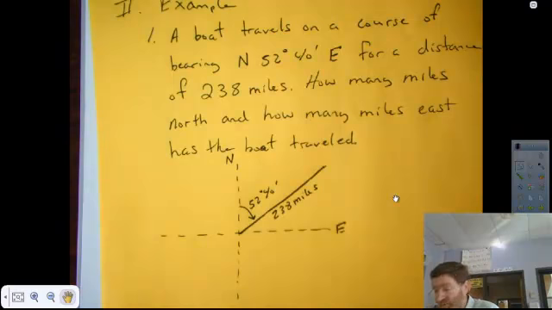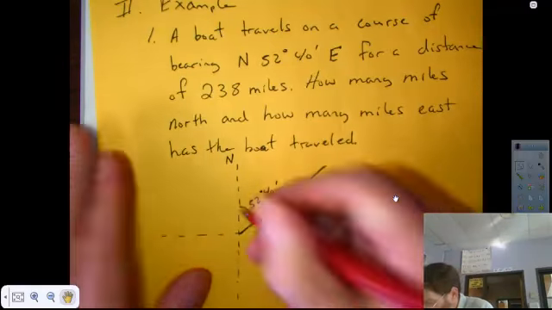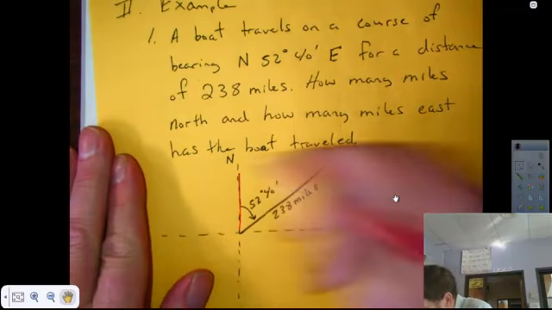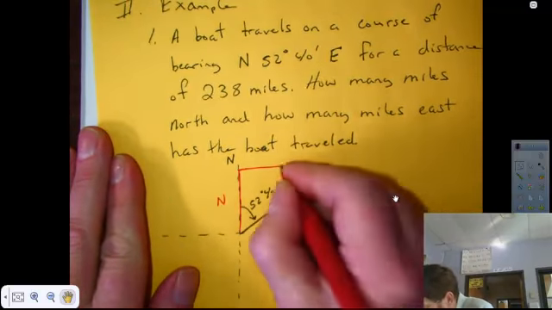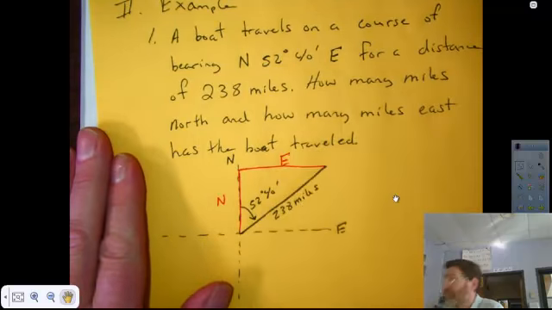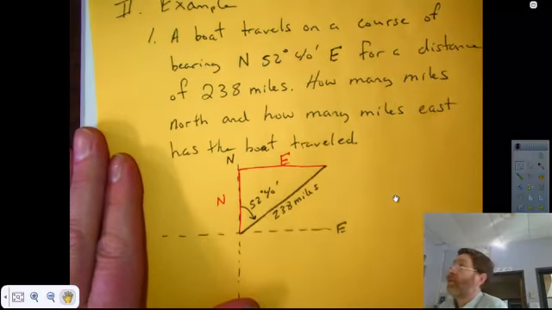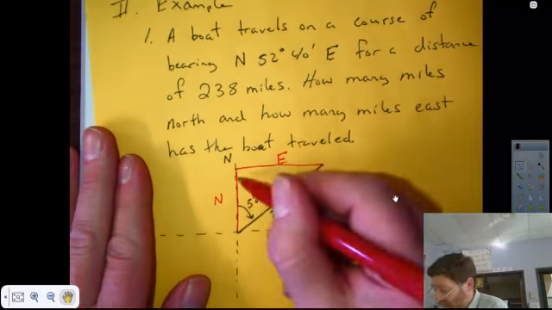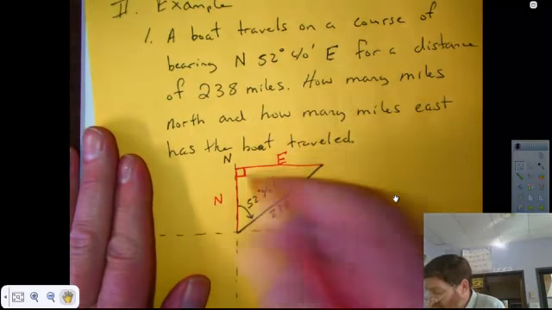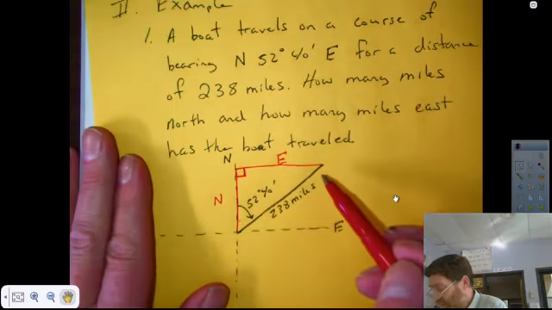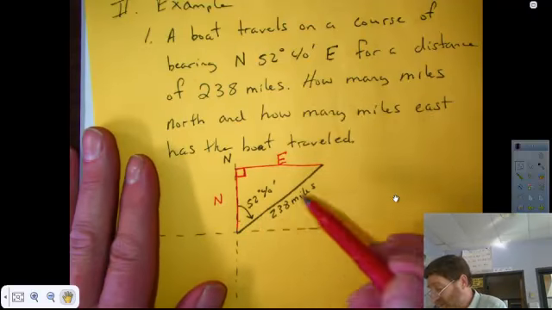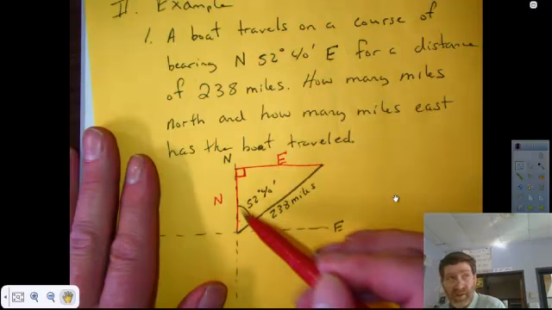The question is looking for how far north did I go, and how far to the east did I go? North and east. So here's my right triangle, and I need to find this side and this side. Let's do the north side first. How can I find the north side?